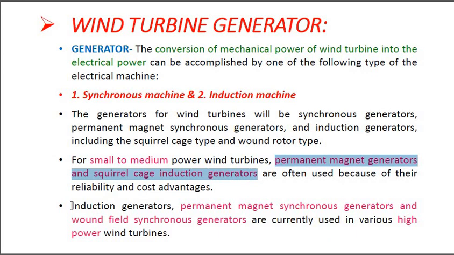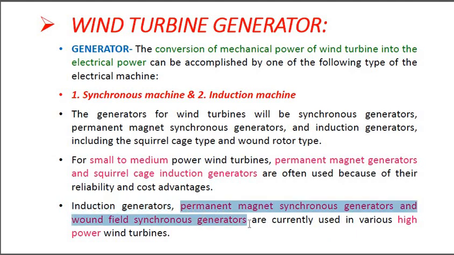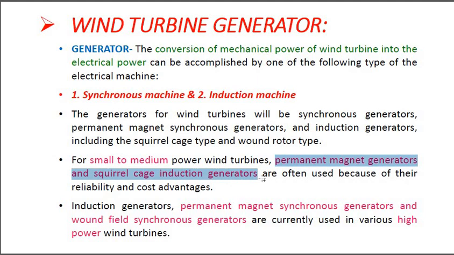Induction generators, permanent magnet synchronous generators, and wound field synchronous generators are currently used in various high power wind turbines. PMSG and WFSG are currently used in high power applications, while the other type of turbines are often used for low power applications.